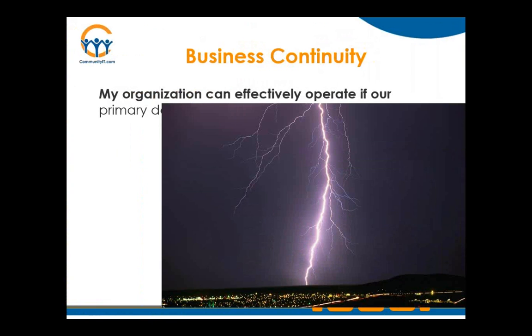There are lots of things that can disrupt access to your IT systems, and so business continuity is the series of tasks related to making sure your organization can continue to operate in the event that for some reason your primary data systems are unavailable.